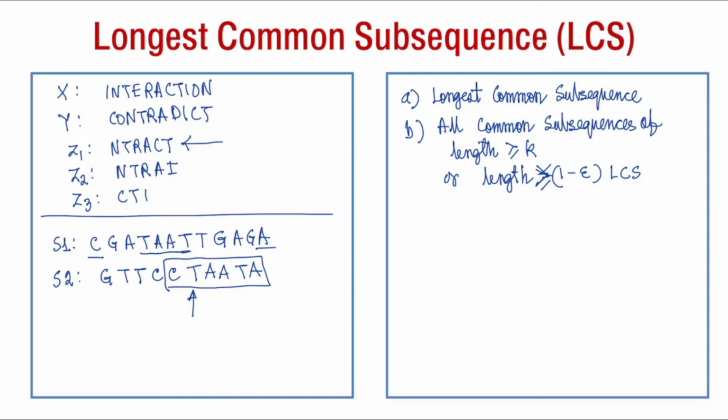That means within 1 minus epsilon of the LCS. So we would like to find those whose length is greater than or equal to 1 minus some epsilon of the LCS. That means as many such strings of long value.